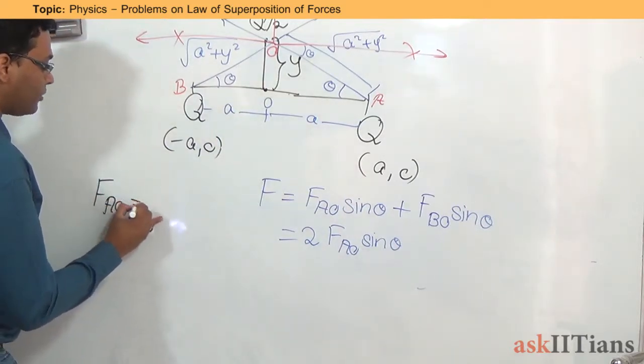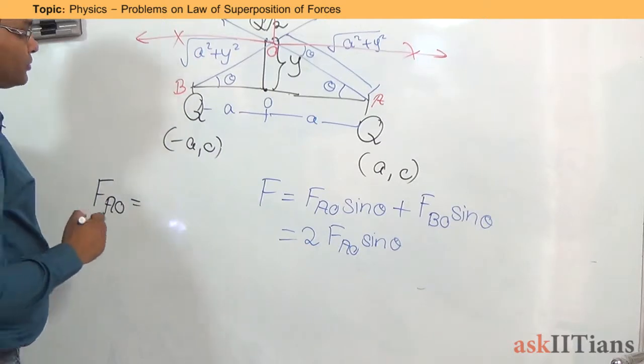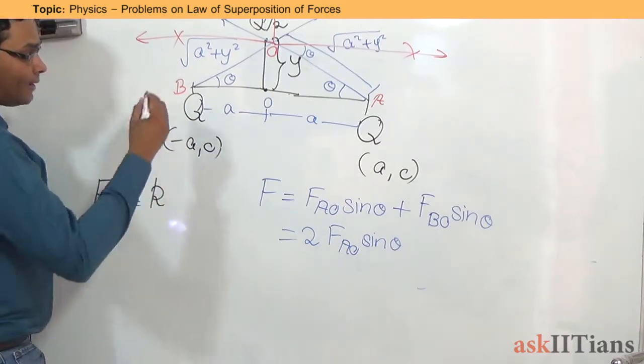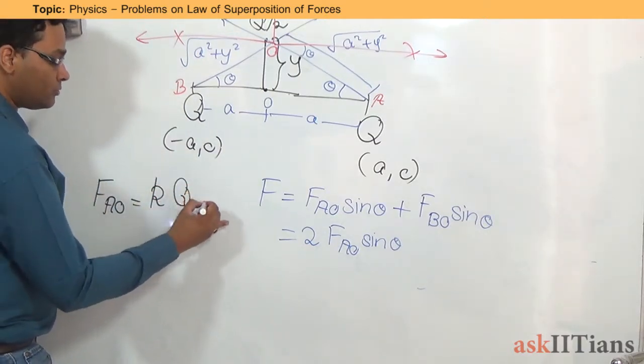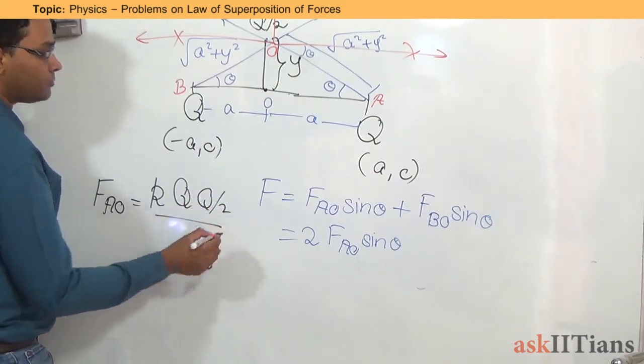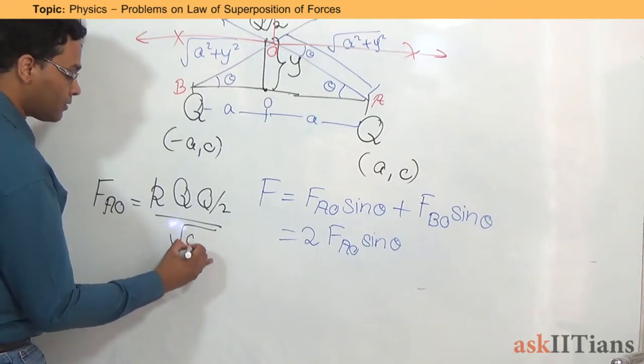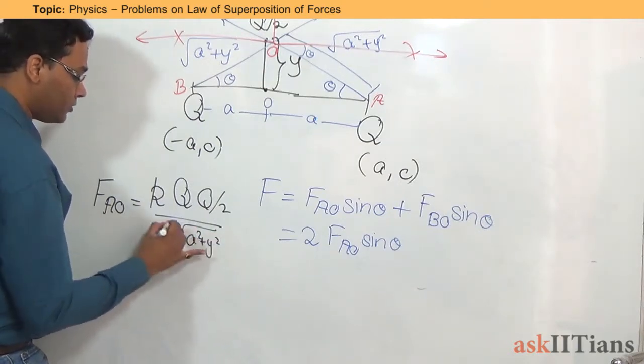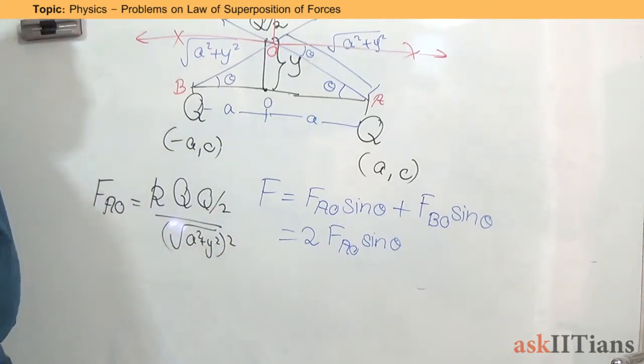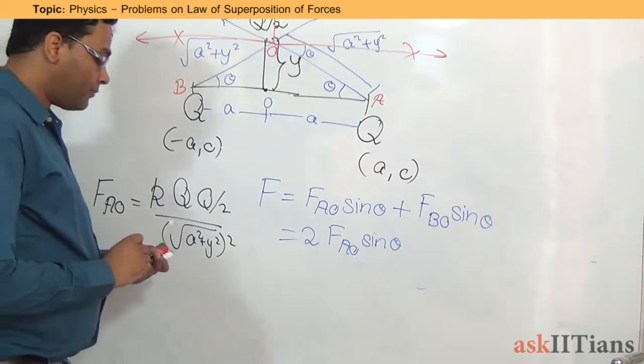The value of F_AO is going to be equal to k times Q times Q by 2, over the distance, which is square root of a square plus y square, whole squared.